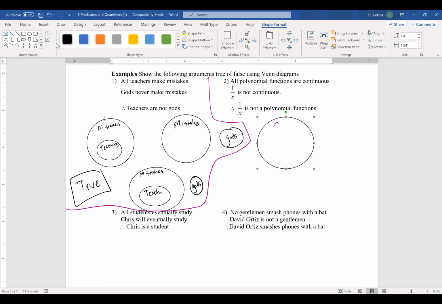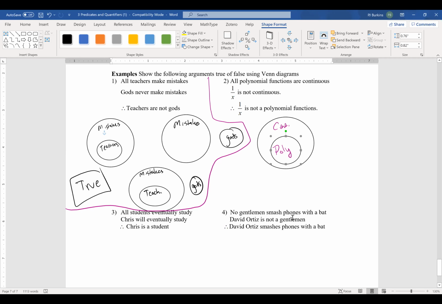This is continuous, right? Because all polynomial functions must lie inside of the continuous functions. So this is polynomial. The next part says 1 over x is not continuous. Okay, well, that means it has to lie outside of continuous.